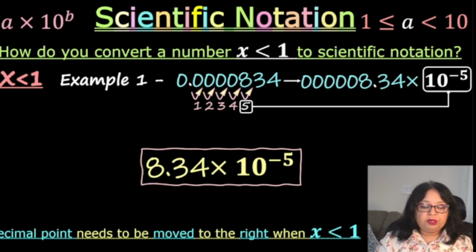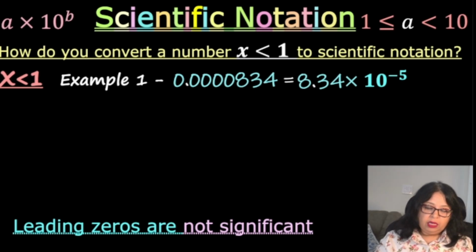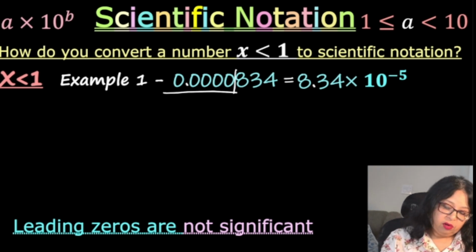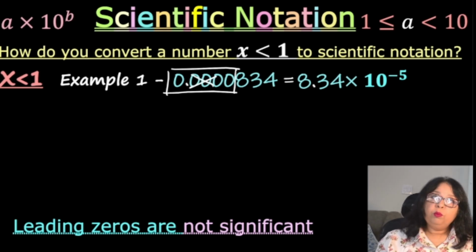Alrighty, so here's our answer. 8.34 times 10 to the power negative 5. Leading zeros are not significant. All these zeros are not significant. How do we know? We learned that rule in lecture number 1 of this playlist.